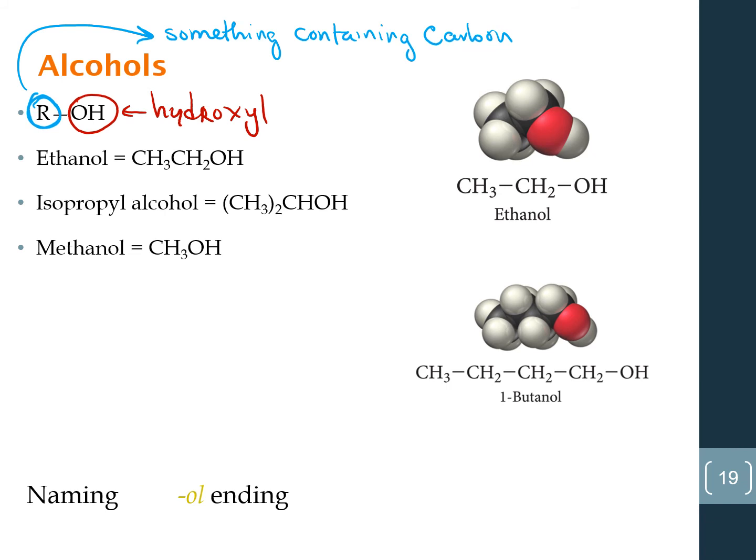So we can look at these three examples that I have right here for you to see what that R represents. You see, the first one is ethanol. Remember, that is not changing. You see how the beginning of your name, eth, is the same that you have for ethane, ethene, and ethyne.